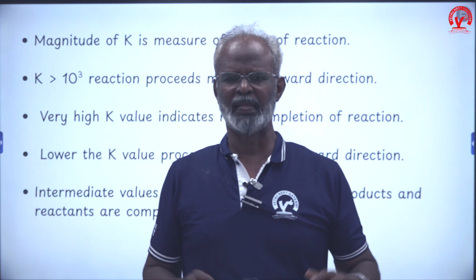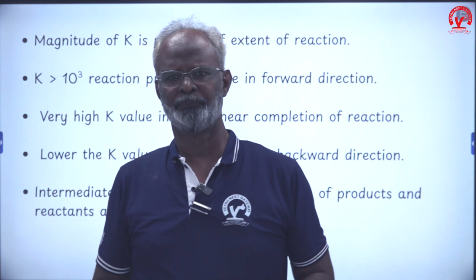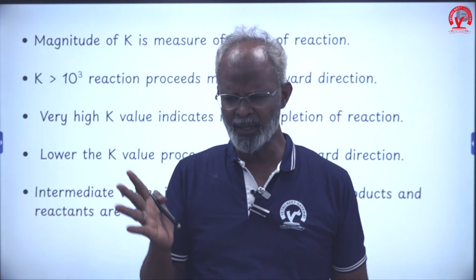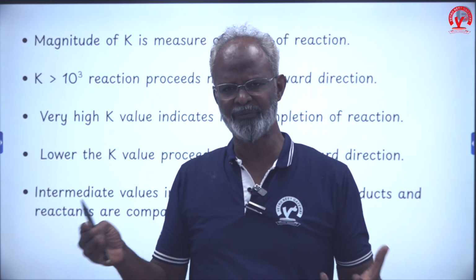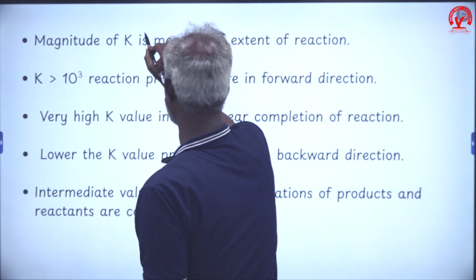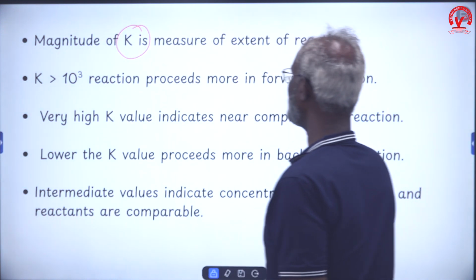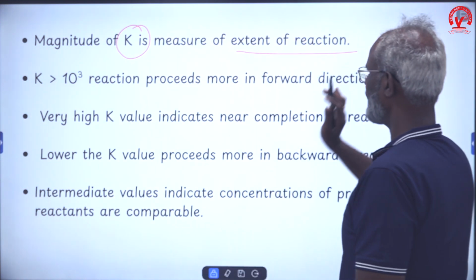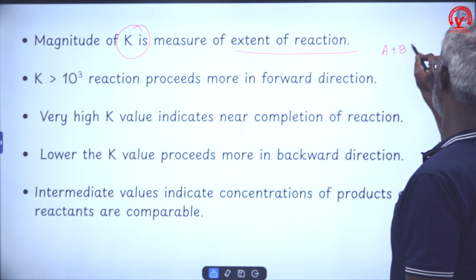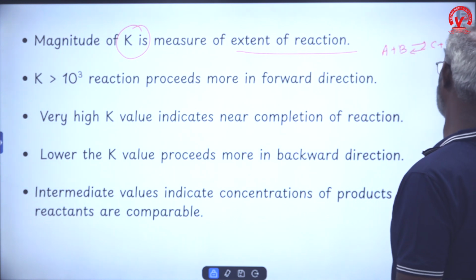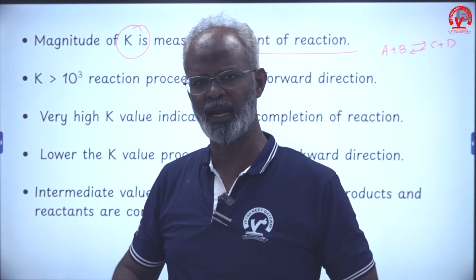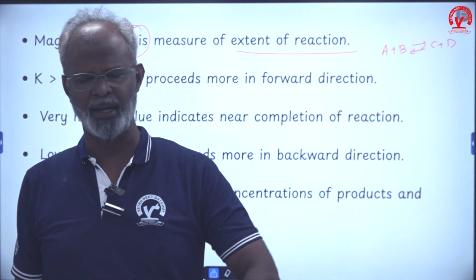So there are three important different types of equilibrium reaction. They're not types, but there can be three different ways they react. The magnitude of K, the value of K, is the indicator of the extent of a reaction. Now listen carefully. I take a simple reaction, A plus B reversibly gives C plus D. We know in the K equation, the products are in the numerator and the reactants are in the denominator.